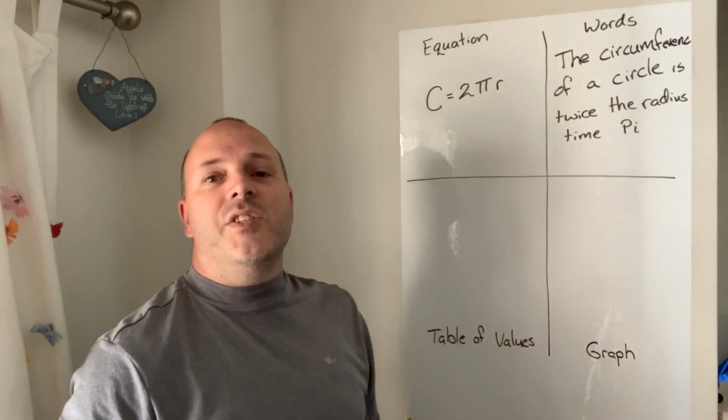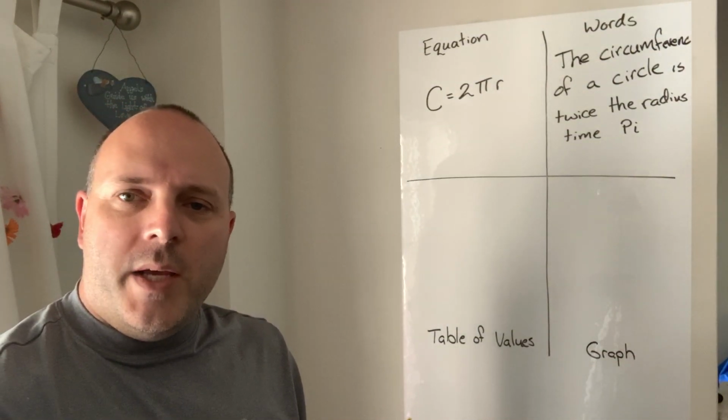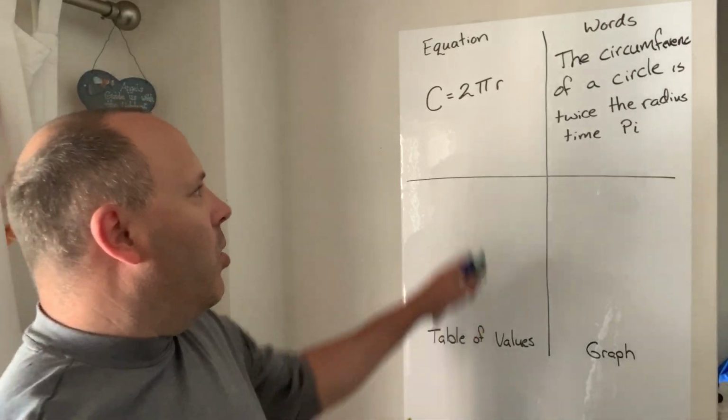One way to put it would be to say the circumference of a circle is twice the radius times pi, or 2 pi r.